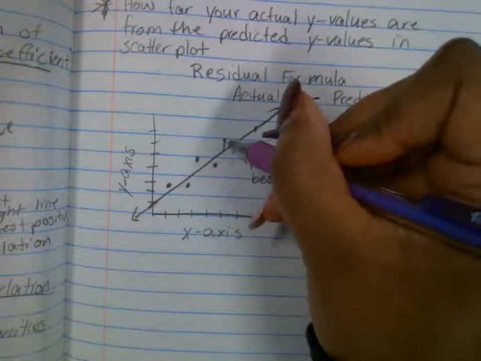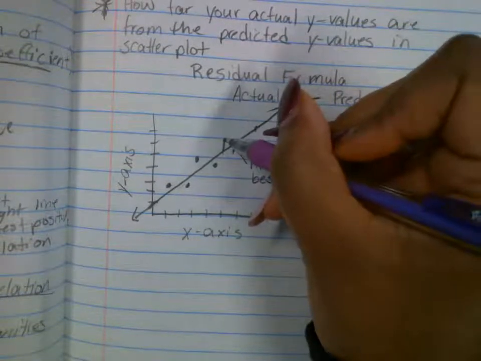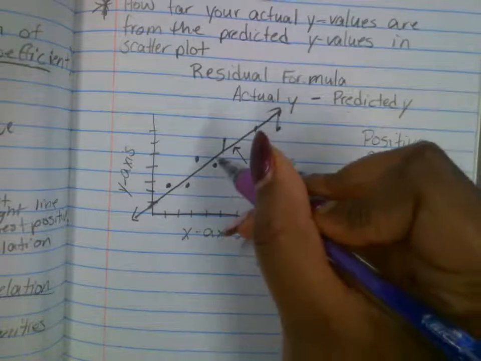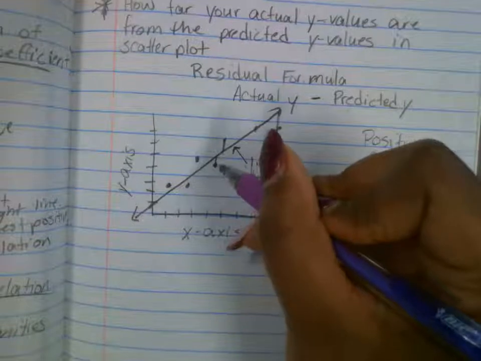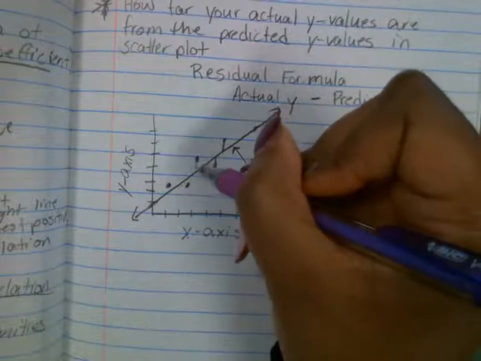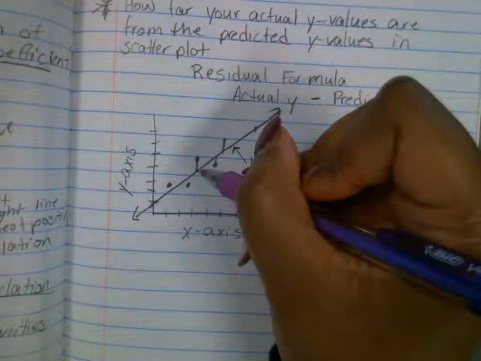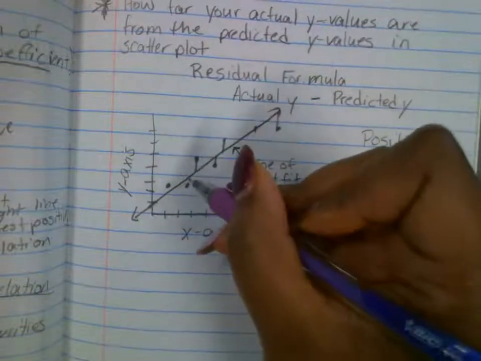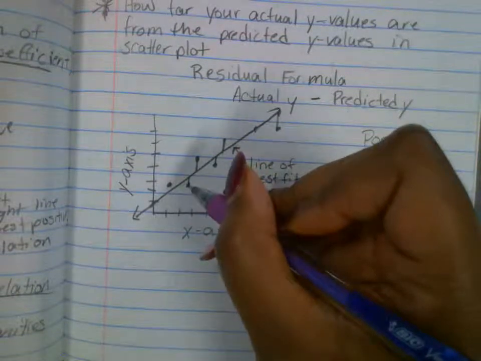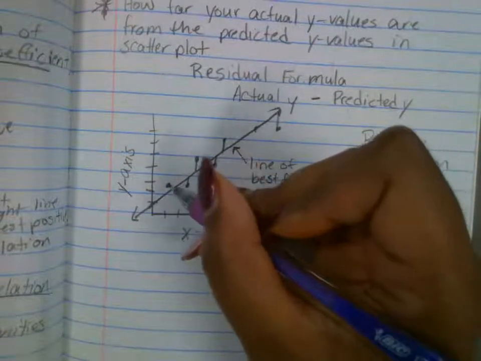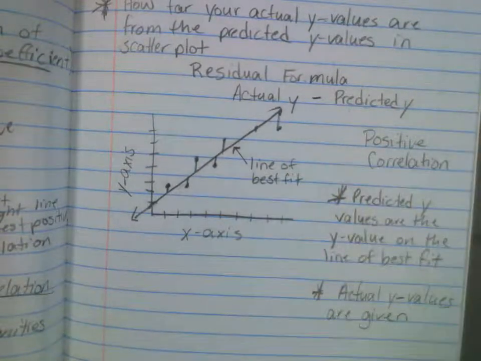It's positive, because the point is above the line. What about this point right here? Negative, because it's below the line. And this point? Positive, because it's above the line. What about this point here? It's going to be a negative number, because it's below the line. And the last one? Positive, because it's above the line.